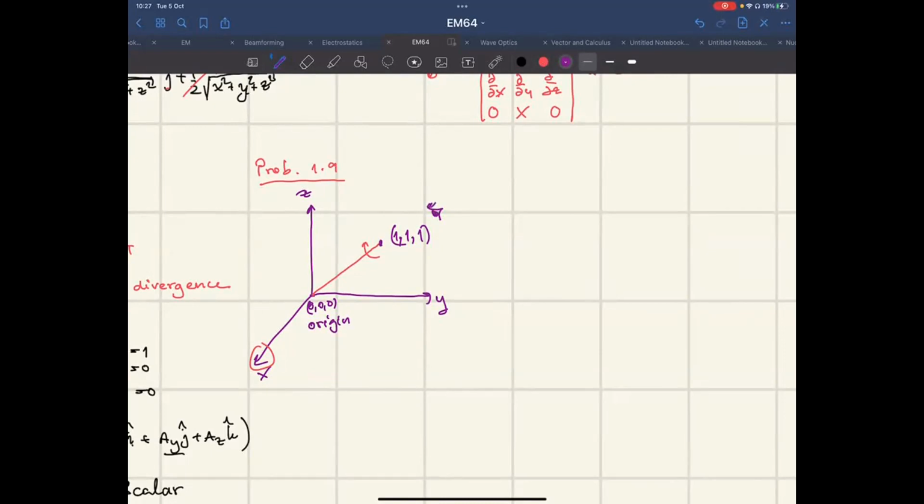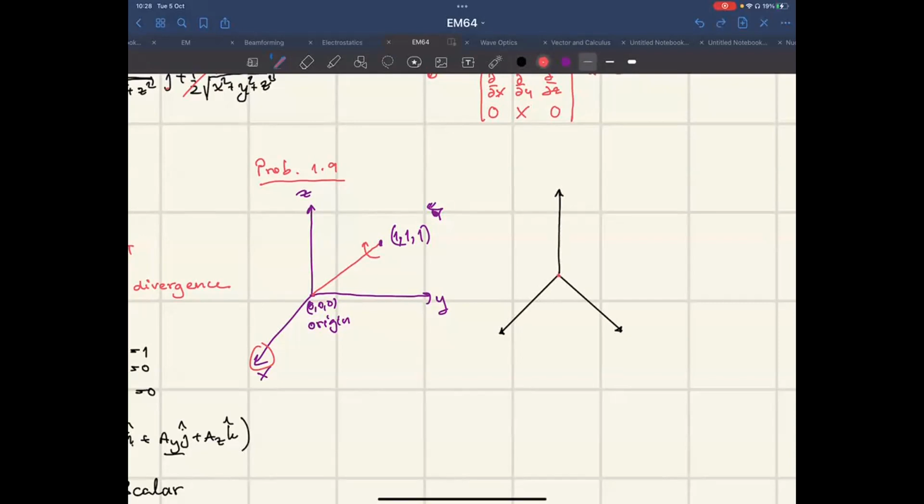If we look at this system from this direction, we are going to see all three axes. Our axis of rotation is at this point.